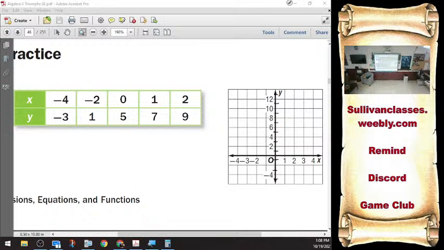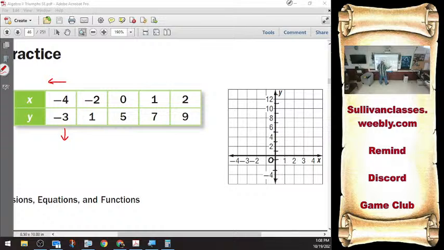Now that I have a bunch of these little tick marks that show me I'm counting by twos, I need to be a little more careful when I put my points on there. So when I say -4, -3, y'all cool with maybe writing this next to it just to remind myself where I'm going? Left 4, down 3.